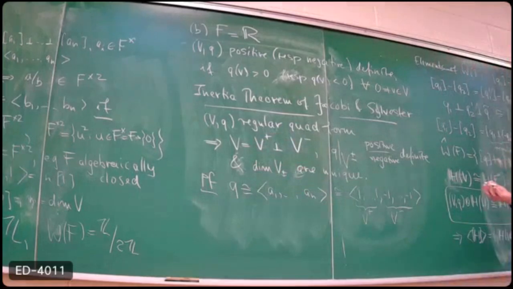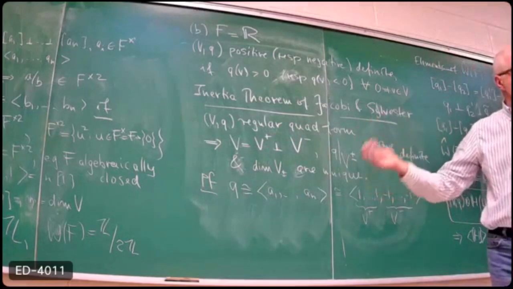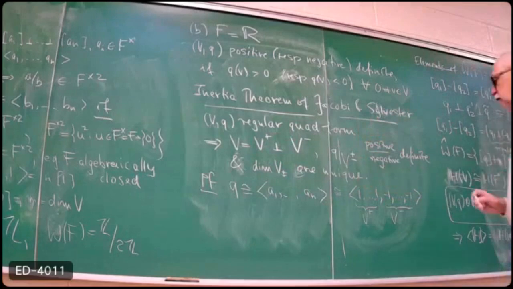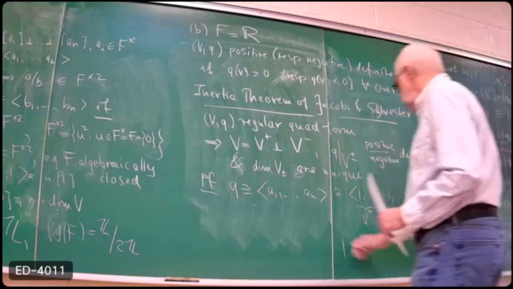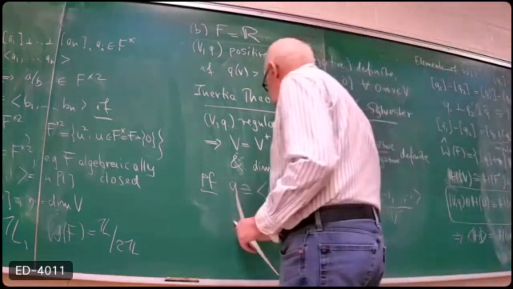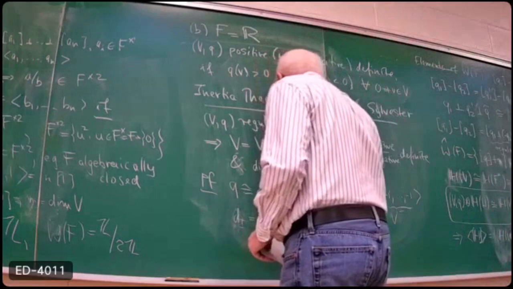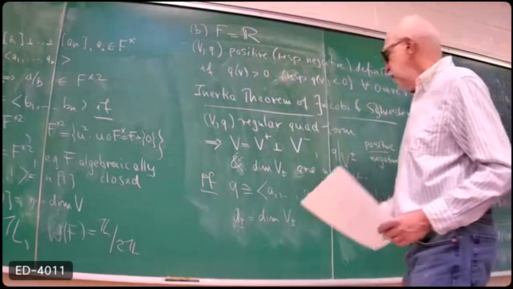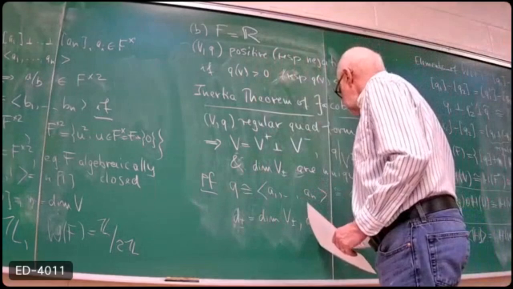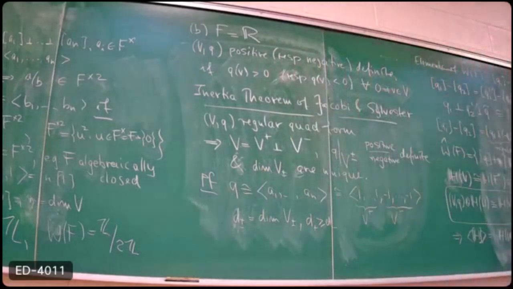Now, the inertia theorem says something more. It says the dimensions are unique. Now, what do I do then? The following. Let d plus, minus be the dimension of V plus, minus. Now, for simplicity, for easier notation, suppose that d plus is bigger, I have more ones than I have minus ones.